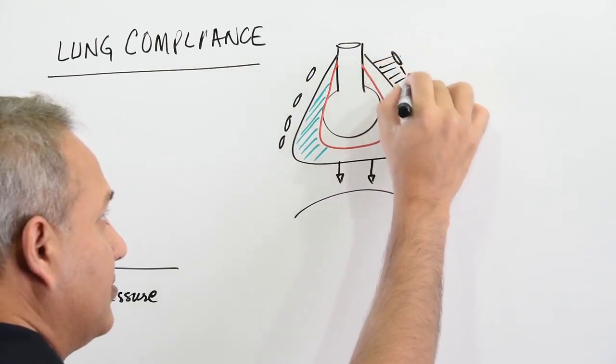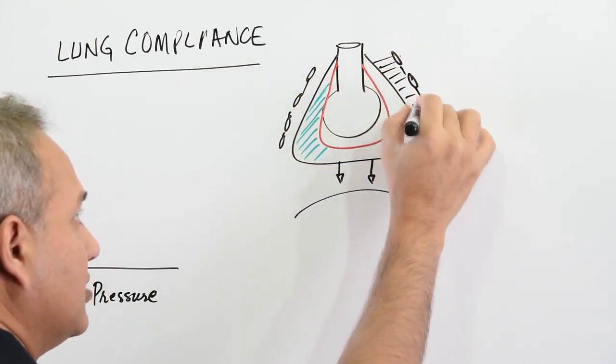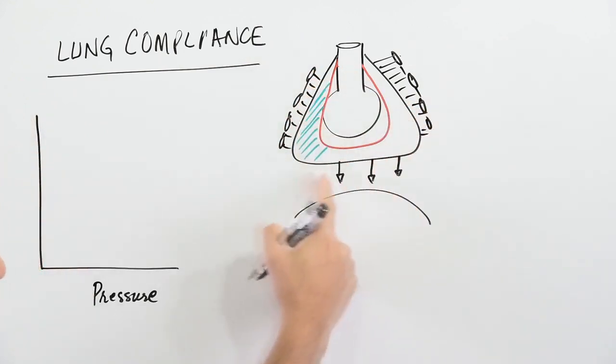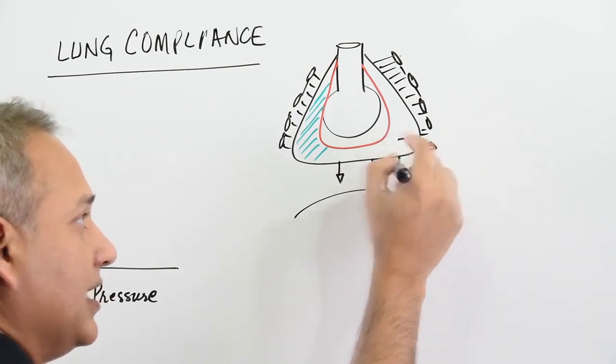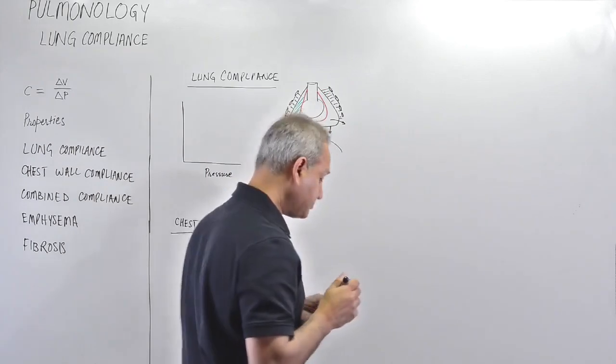It is connected with them. So we have done this discussion multiple times before. So what happens is this parietal pleura is pulled outwards by the rib cage and outward by the diaphragm.